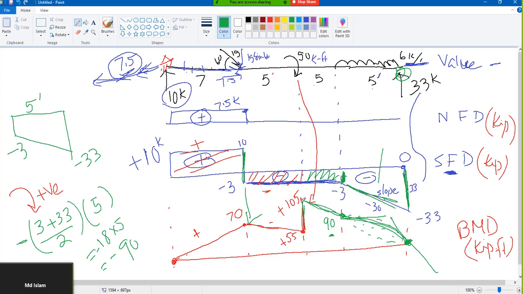So that is something unusual. In fact, this is why I tried to solve this problem. If there is a concentrated moment, there are some changes, some twist. So make sure you pay attention to this. What else? Okay, nothing else. It's very simple. So I will stop my video here.